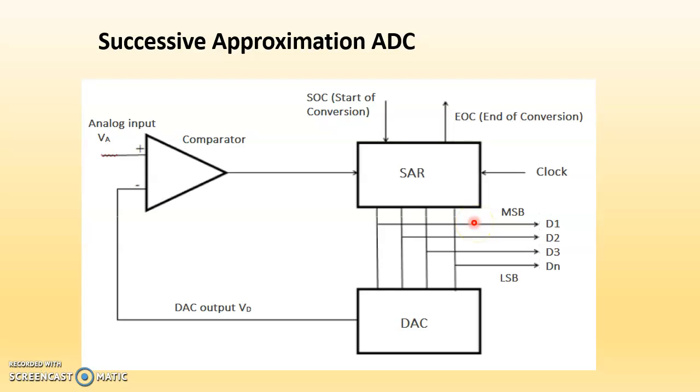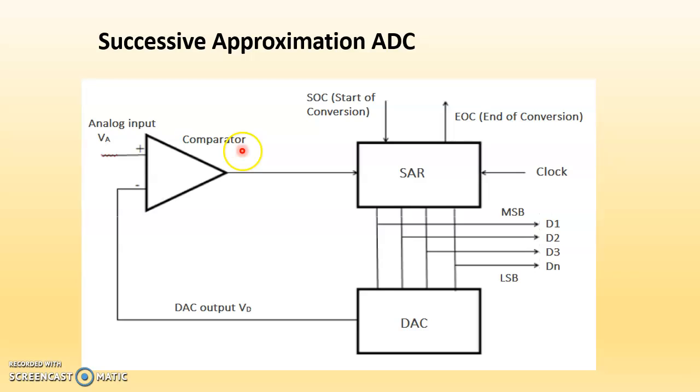So successive approximation register SAR receives the comparator output, clock, and the start conversion signal and produces an n bit digital output. So basically how it operates, as soon as it receives the SOC, start of conversion command, all these SAR outputs will be set at 0. Then it will compare the output with the analog input signal which is received at this point. And then comparing, it will generate the output signal.